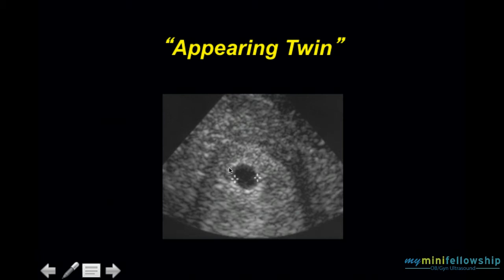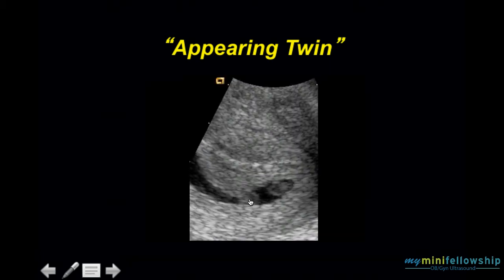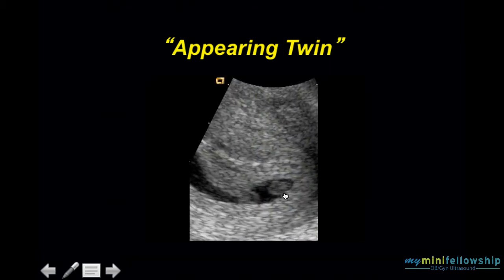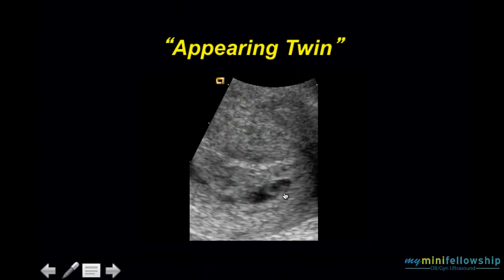This is the rim of developing chorionic tissue and the chorionic cavity. So if you have a monochorionic twin, a monochorionic triplet, you'll only see one sac when you start out. And you'll interpret that this will become a singleton pregnancy, but in fact, when you come back, you will find that it is indeed a monochorionic twin pregnancy.